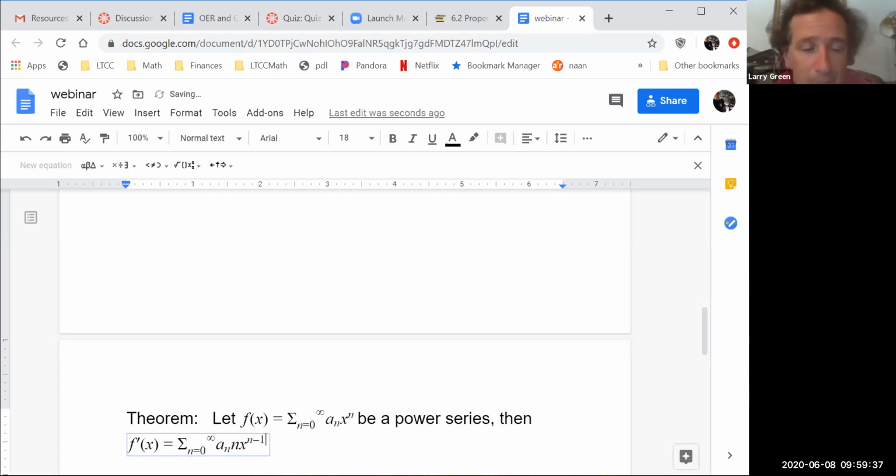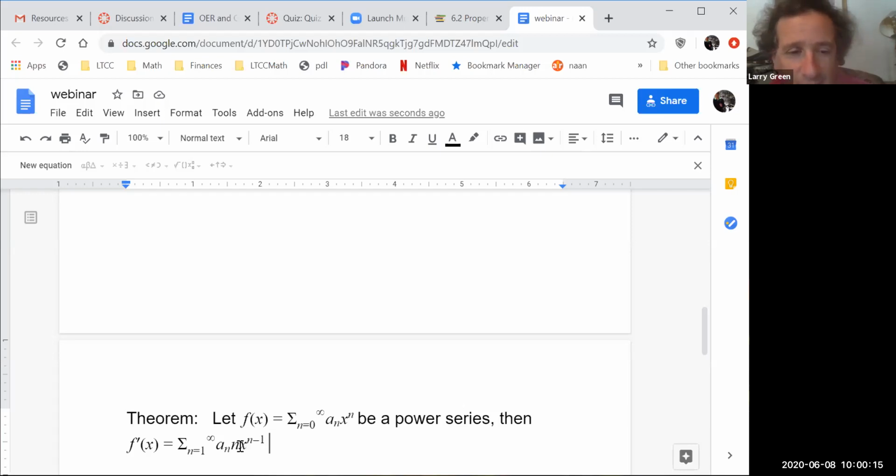But there's one problem. What's the one problem? Why is this wrong? It's a subtle piece, but it's wrong. And the hint is, I didn't get lazy this time and just write sigma. I wrote n equals 0 to infinity. Anyone see the problem? Okay, the problem is you want to start at 1, not 0, because the constant term goes away.